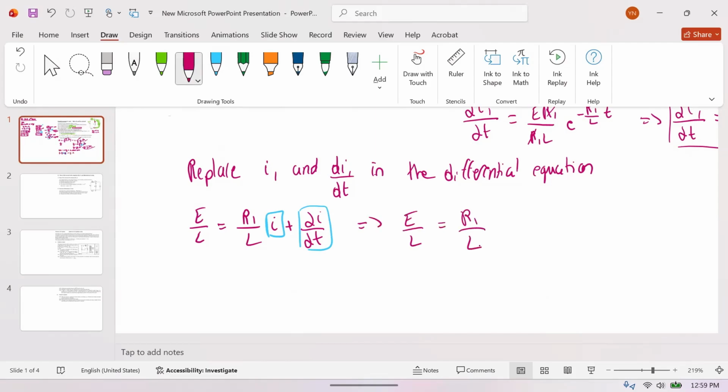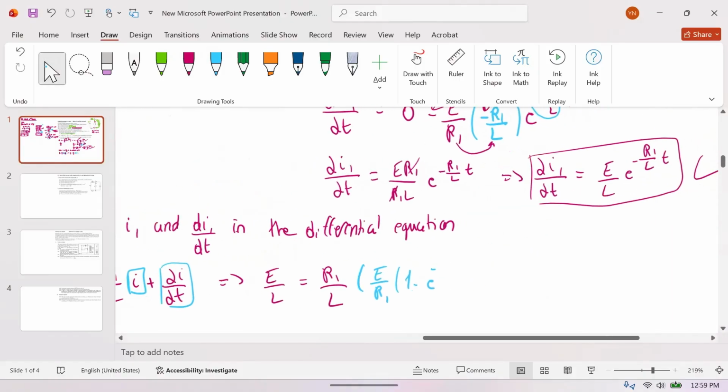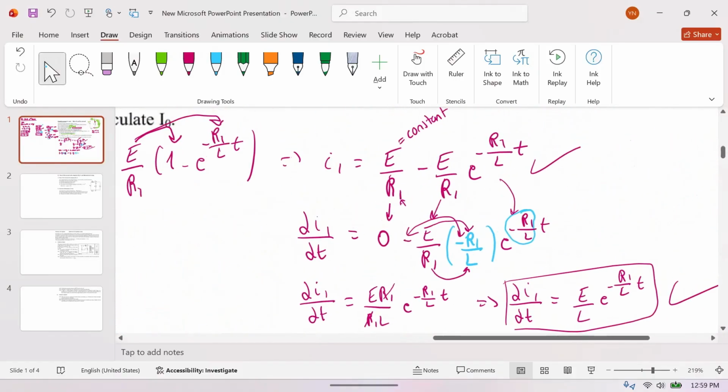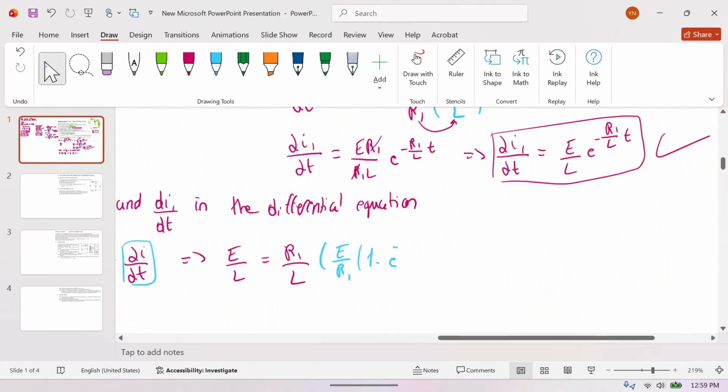So R1 over L, now instead of I I will be putting E over R1, 1 minus e to the minus R1 over L T. Now let me put the expanded form.